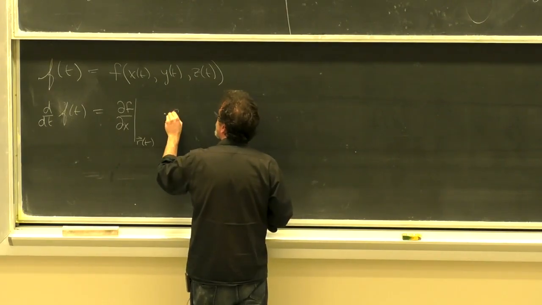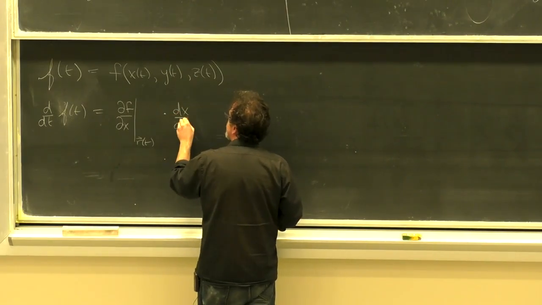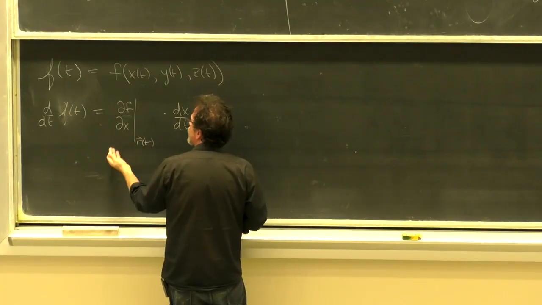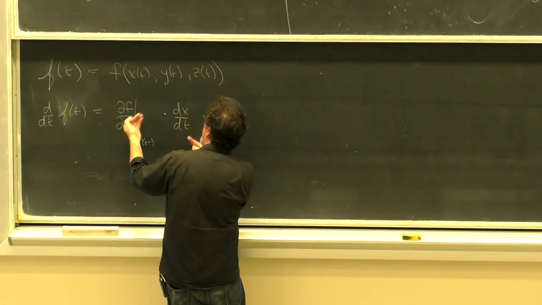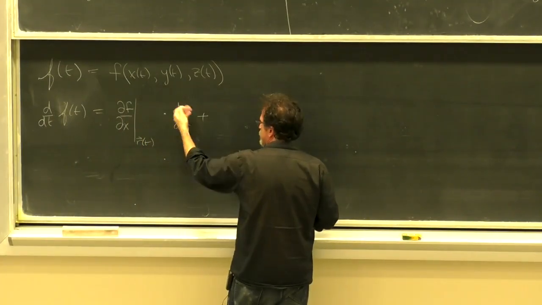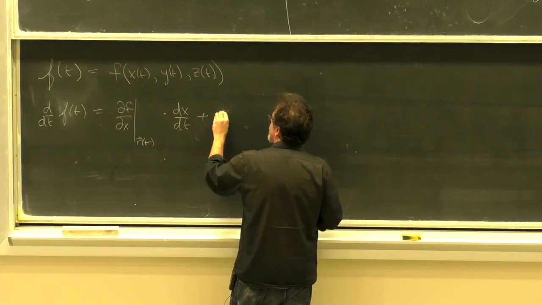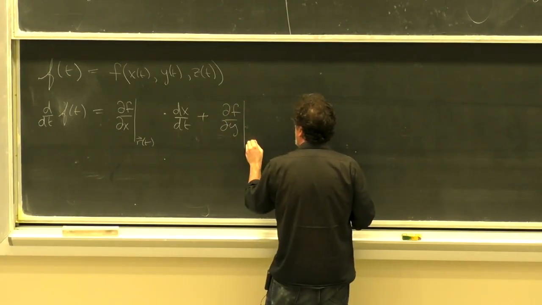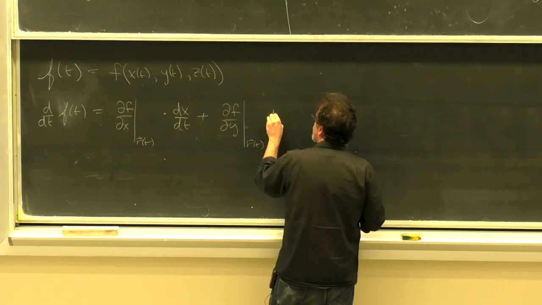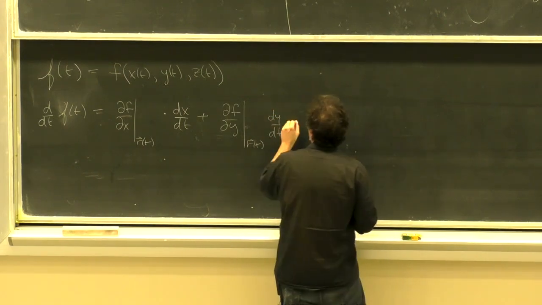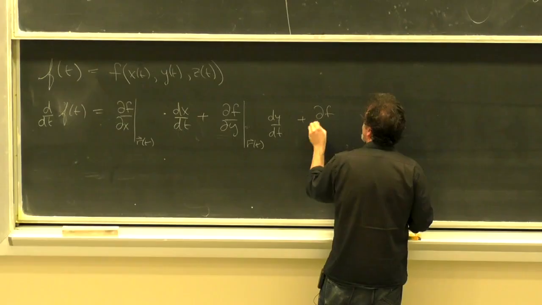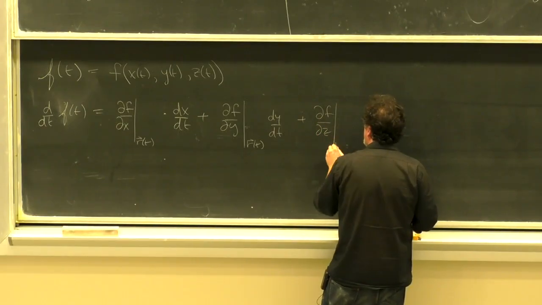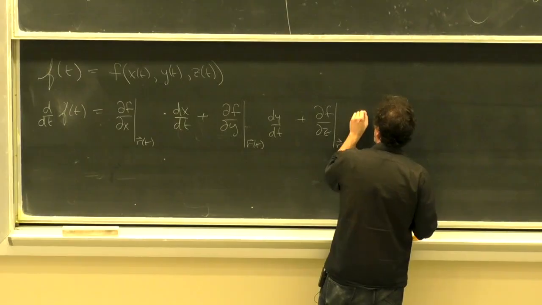And then I have to multiply by dx/dt. That's the change of f in the x direction, multiplied by the x velocity, plus the change of f in the y direction evaluated along the curve r of t times dy/dt, plus the change of f in the z direction evaluated along the curve r of t times dz/dt.